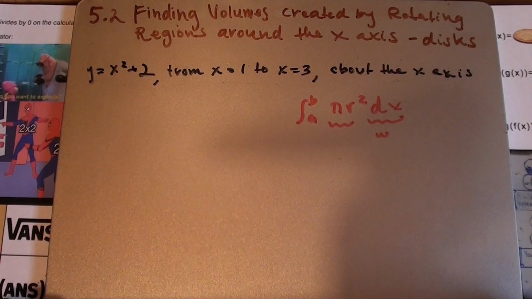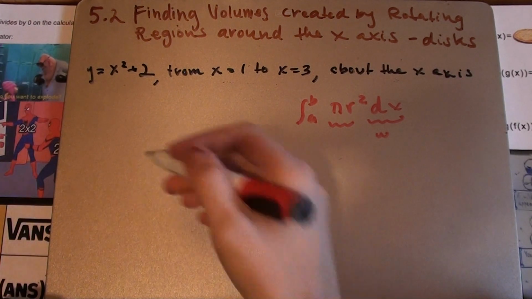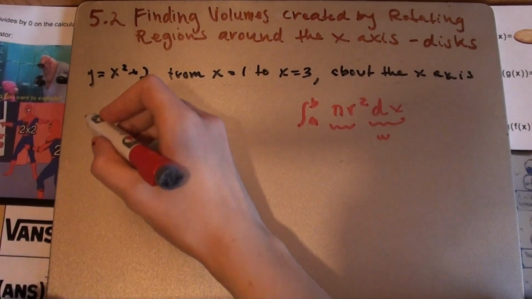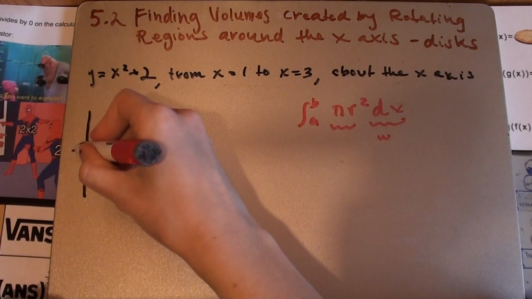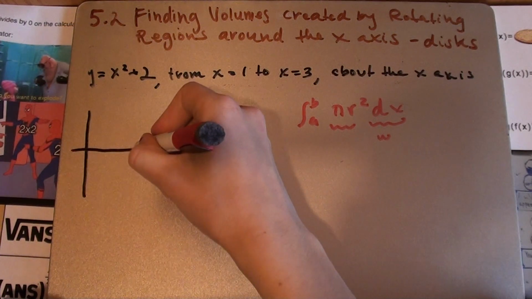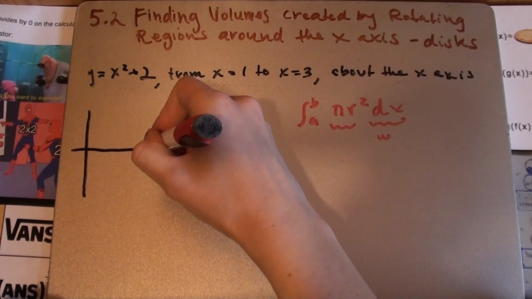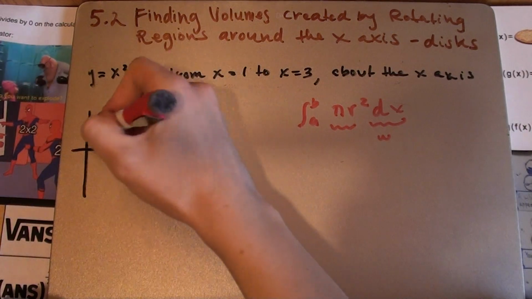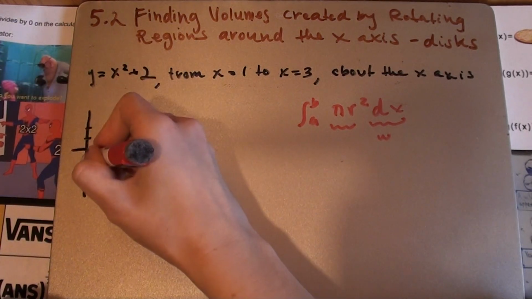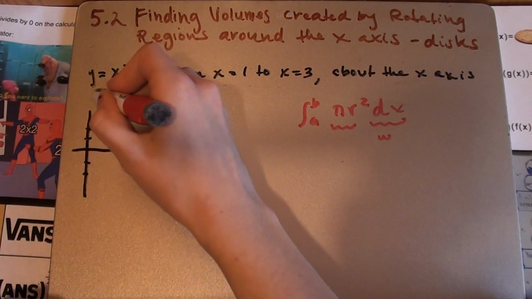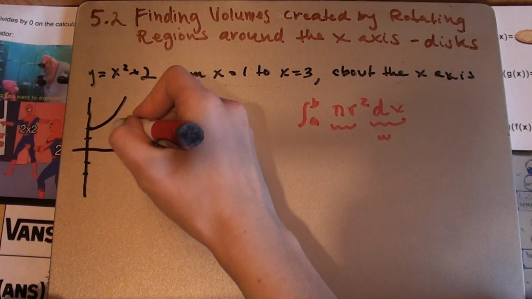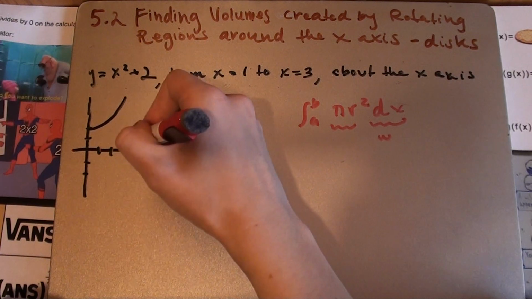To illustrate this, let's start by graphing what we got. We're working with this equation right here, and we're working from, I believe, 1 to 3, and we have a parabola that starts at 2. If we graph this, it looks something like this, and we're going from 1, 2, 3.